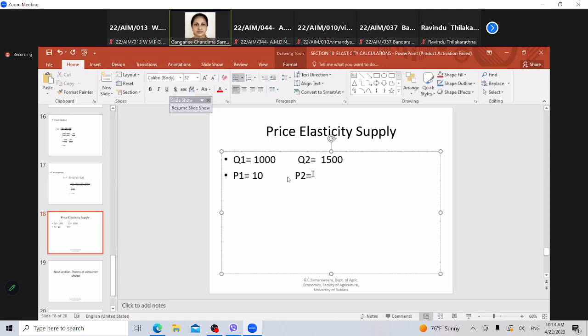Then what should be, not the exact value, less than 10 or more than 10, I am asking. When supply is 1,500, supply has increased. Then what should happen to the price? That is the question. Is it clear, Ravindu? Yes, ma'am. Okay, now give me the answer. Others also please try.